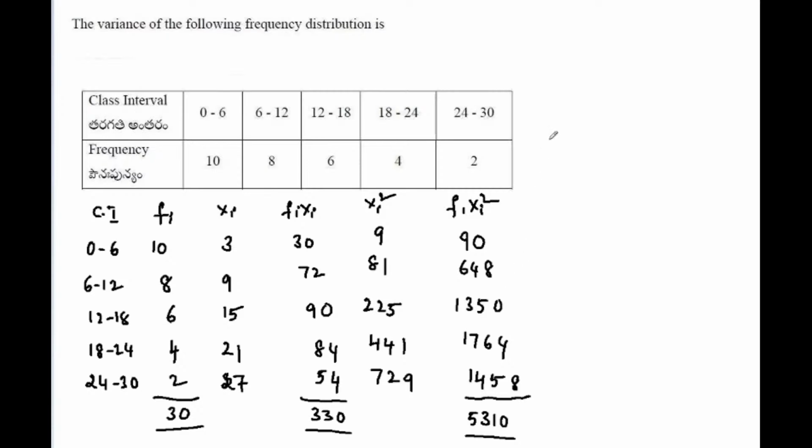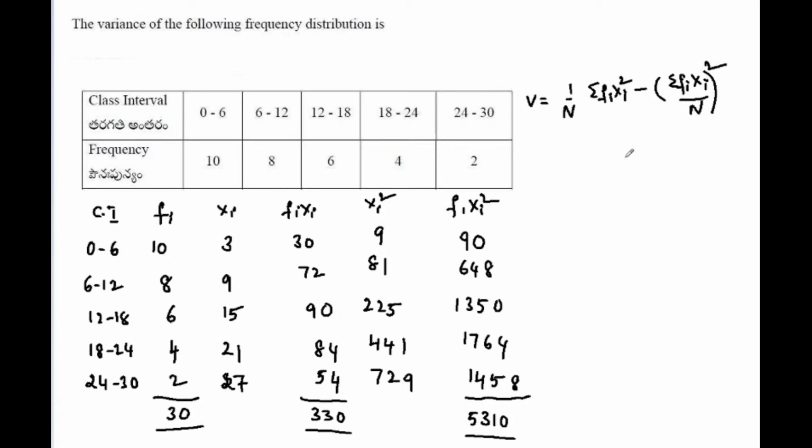Now variance is equal to 1 by n into sigma fi into xi square minus sigma fi into xi by n whole square.